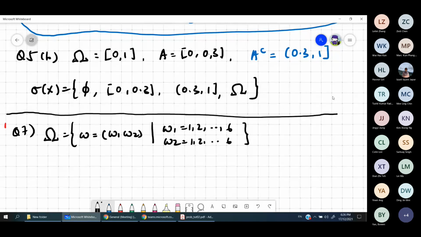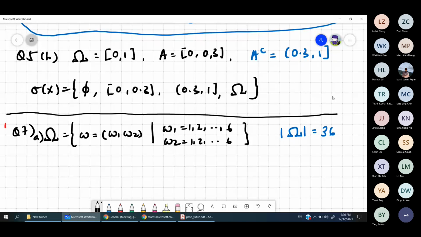From here you can see clearly the number of elements inside here must be 36. The cardinality of this sample space will be 36. So let's begin with part A. This is our omega, our sample space.